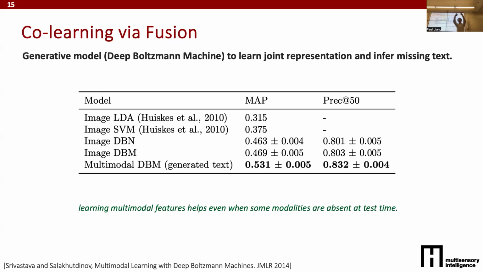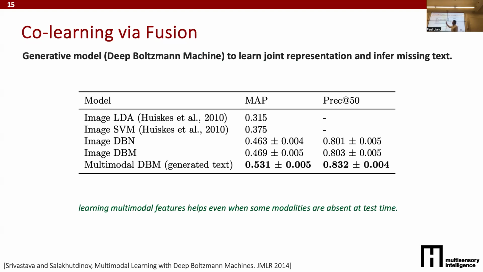You take A, B, you learn a joint representation, a joint probability distribution, and you see this multimodal deep Boltzmann machine generated text was outperforming these image-only models. And this generated text is basically their way of saying during testing, only image is given, right? So the first four are image supervised learning.